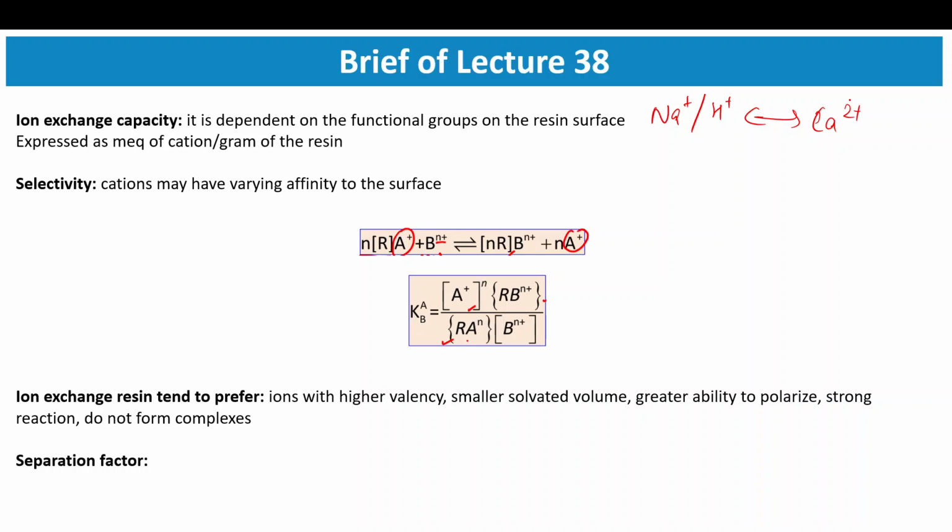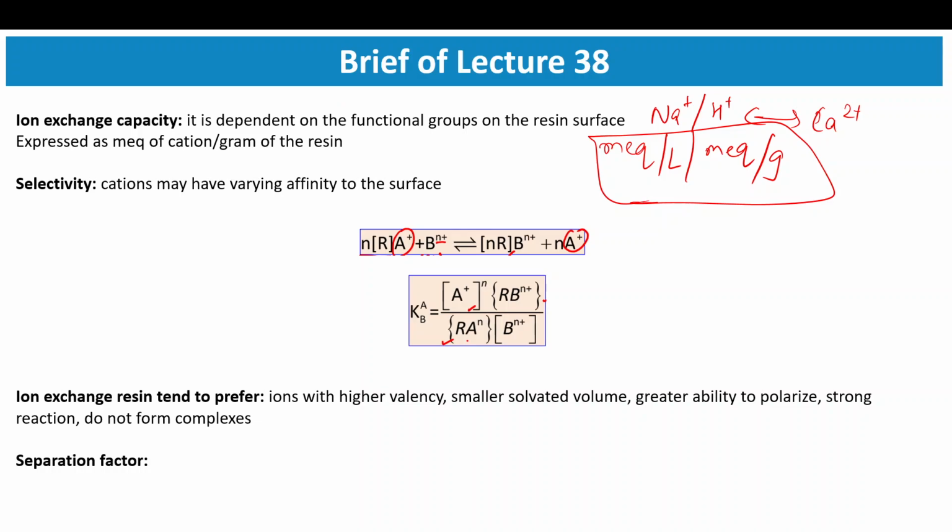Whenever you are dealing with ions having different valencies, it is always better to express the concentrations in terms of milli-equivalent per liter or milli-equivalent per gram. So when it comes to the capacity of resin, you should express how many milli-equivalents of your hardness can be removed per gram of resin. This is how your ion exchange capacity is expressed.